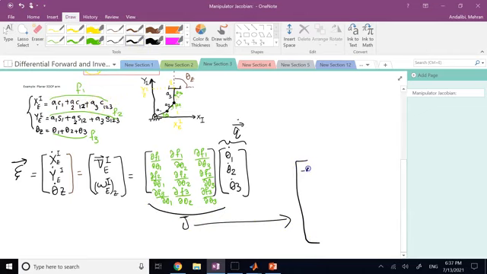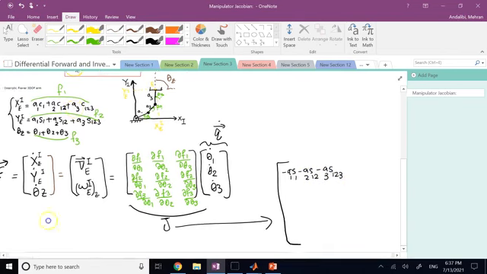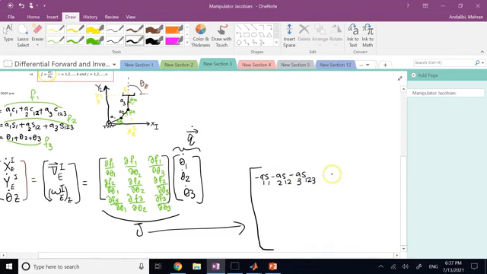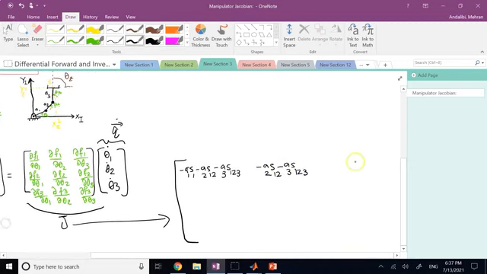So it's gonna be negative A1 sine 1, negative A2 sine 1, 2, negative A3 sine 1, 2, 3. For theta 2, it's only in the second and third term, so it's going to be simply negative A2 sine 1, 2, negative A3 sine 1, 2, 3. And theta 3 is only in the last term, so you only get negative A3 sine 1, 2, 3.